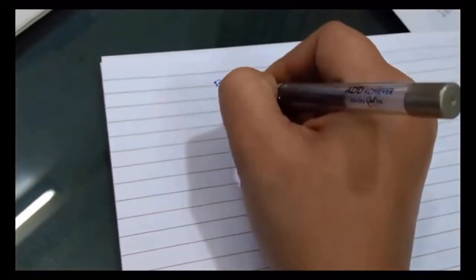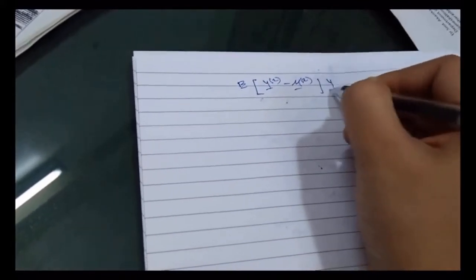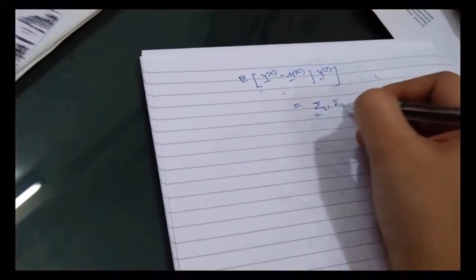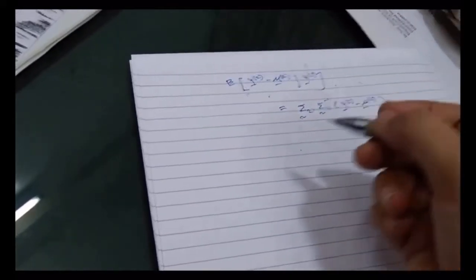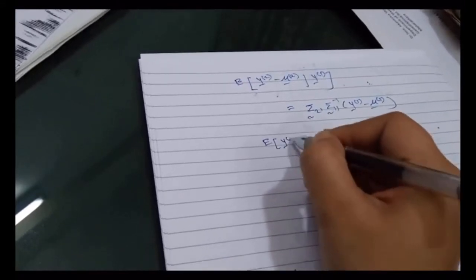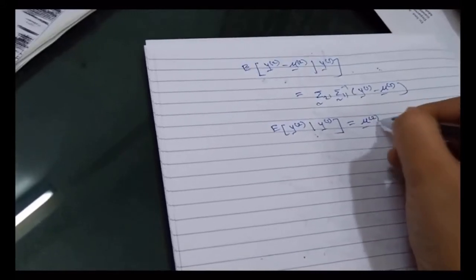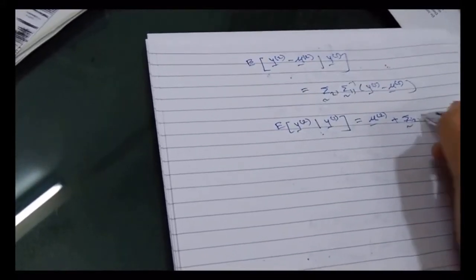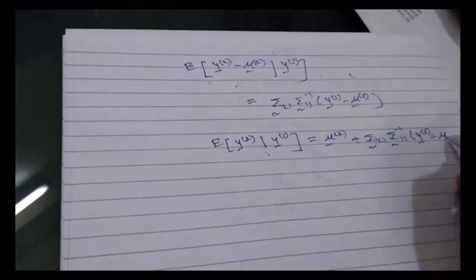So expectation of y2 minus mu2 given y1 is the same as this second term, sigma 21 sigma 11 inverse times y1 minus mu1. Hence expectation of y2 given y1, shifting mu2 also, would become mu2 plus sigma 21 sigma 11 inverse times y1 minus mu1.